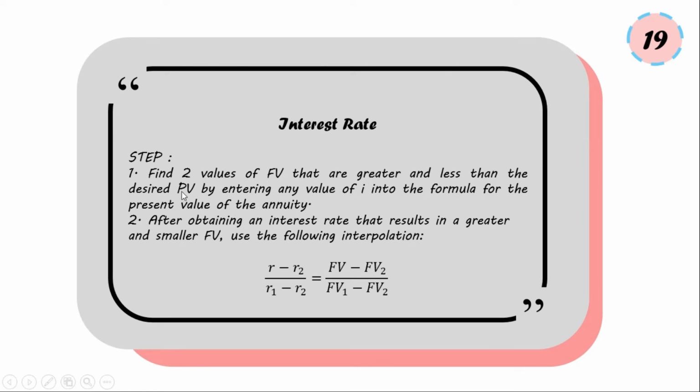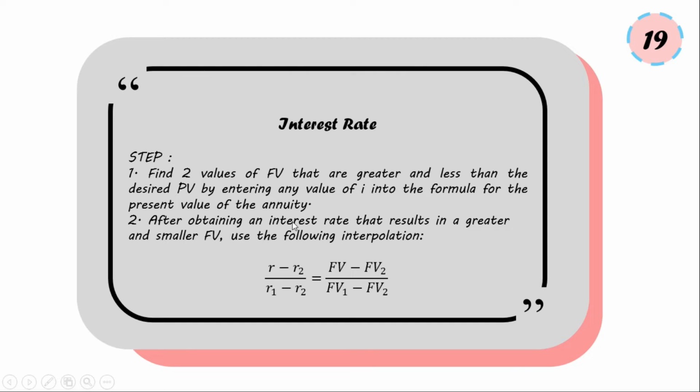Interest rate step: find two values of future value that are greater and less than the desired future value by entering any value of i into the formula for the present value of the annuity.